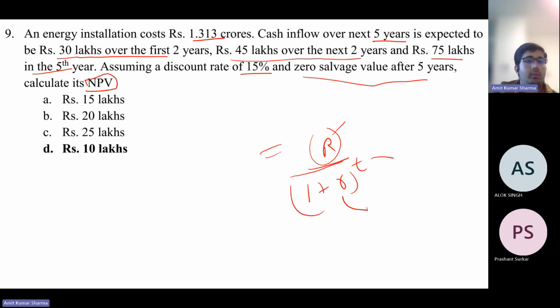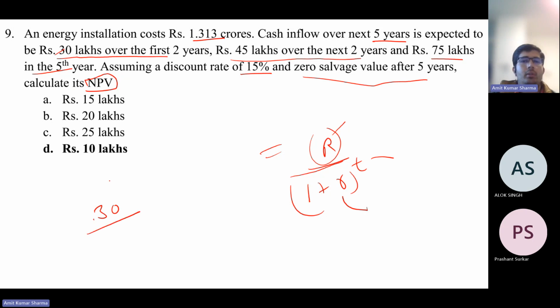Let me give you another hint. Suppose you want to calculate for 30 lakhs, the first cash flow for the first 2 years. Maybe you can do it like this: 30 lakhs, you can convert into crores also.